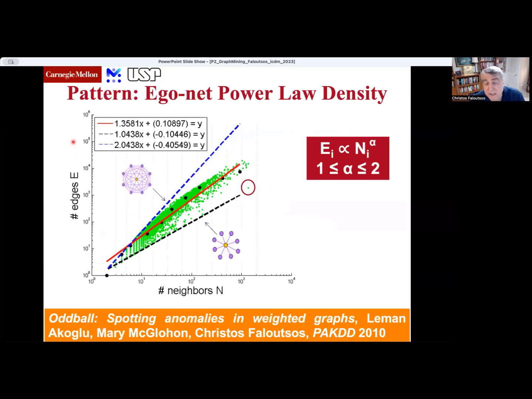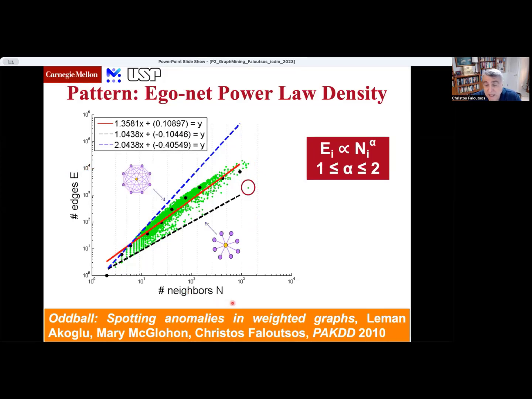Here is a real data set. This is the Enron data set, who mails whom in the Enron company. There was a big scandal in 2001 or 2002. And every node here is an account, Smith at Enron.com, Johnson at Enron.com, right? And the horizontal axis is the number of nodes in the egonet of Smith at Enron.com, right? And the vertical axis is the number of edges in the egonet.